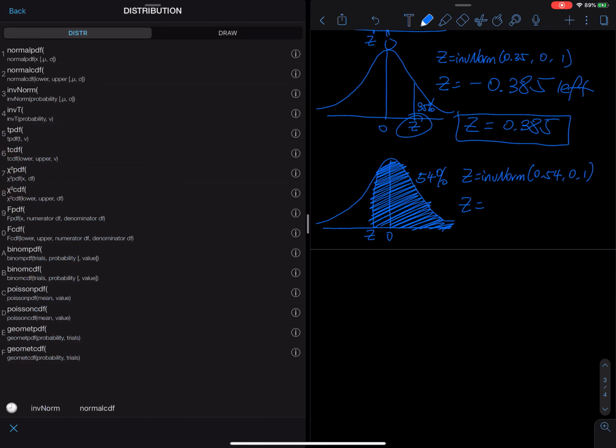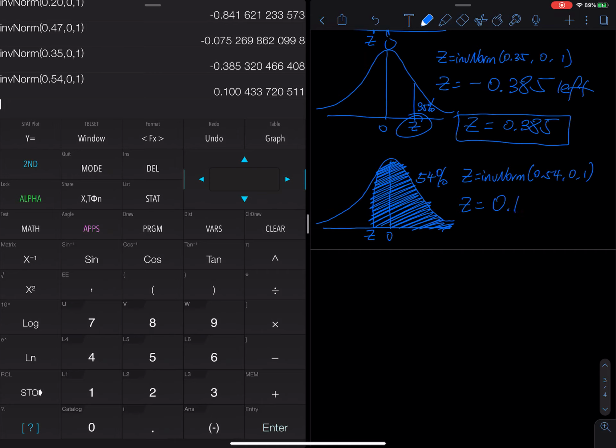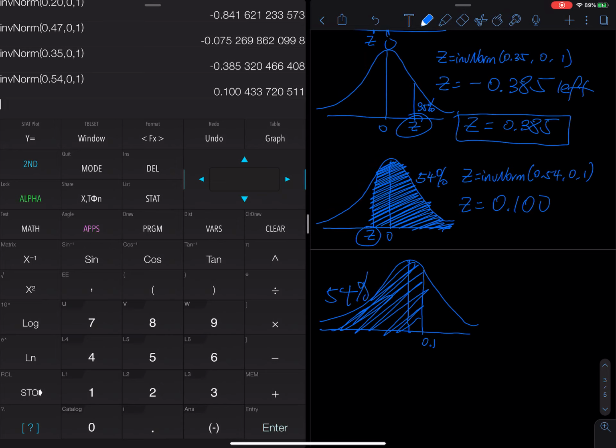Second VARS, inverse norm 0.54, 0, and a 1. So that is 0.100. Is this the answer that we want? Nope, 0.1 is right here. This is the 54%, but this is on the left. So Z is supposed to be negative 0.1. That is your answer.